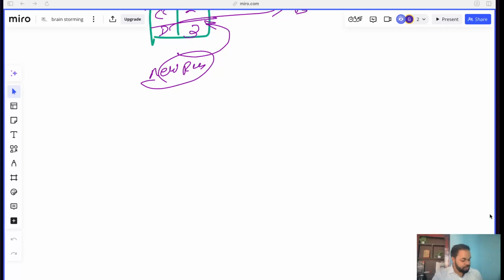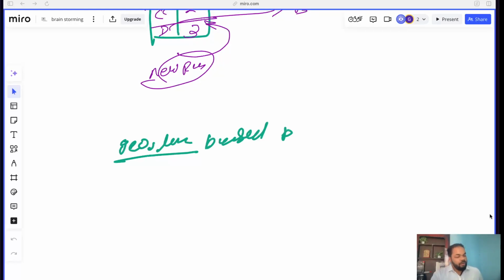The next kind is geolocation-based partitioning. What it means is pretty simple. You choose a location in your distributed system, and based on that location, you create the partitions.